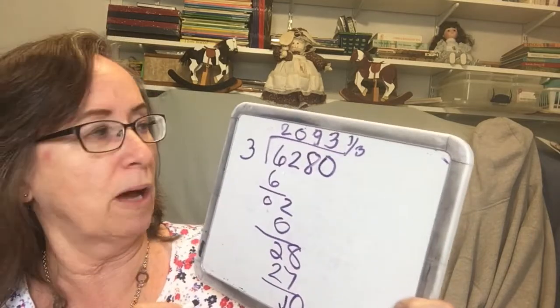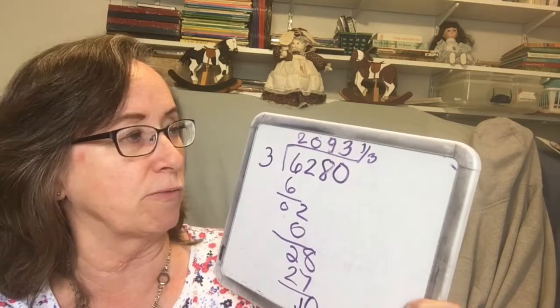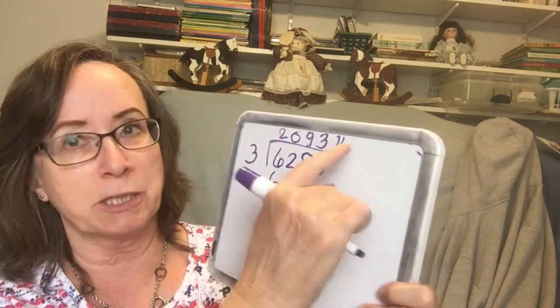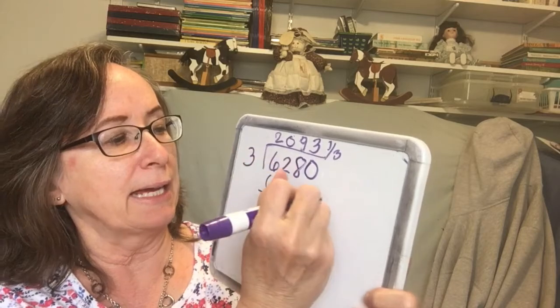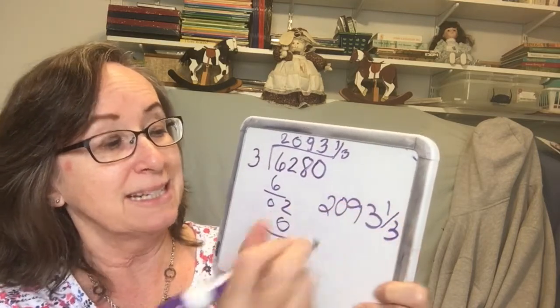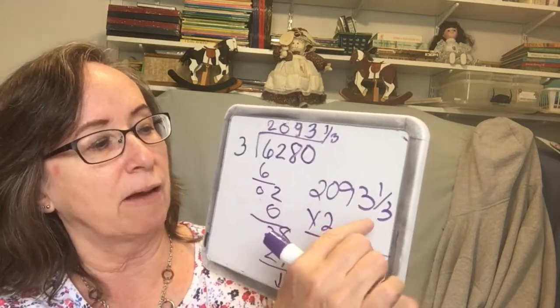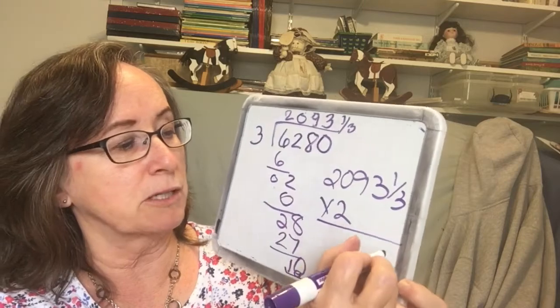So now I divided by 3, I have to multiply by 2, because remember it's 2/3 of the volume of the cylinder. So now we multiply this by 2. We have 2093 and 1/3 times 2. Okay, so now 1/3 times 2 is just going to be 2/3.